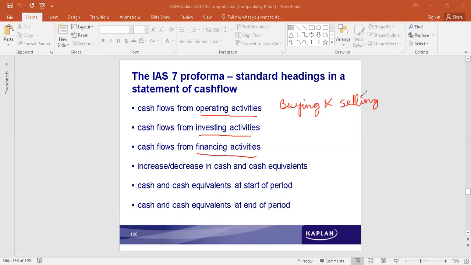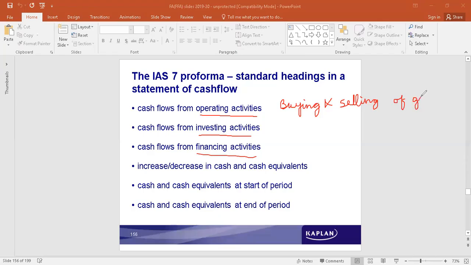But for a seller dealing with buying and selling of computers, purchase of components, assembling them into computers, selling them as computers, computers are goods for him. For that business, goods are computers. But for any other business, a computer is an asset. So we should understand what goods they are dealing with. Those things will form part of the operating activities.